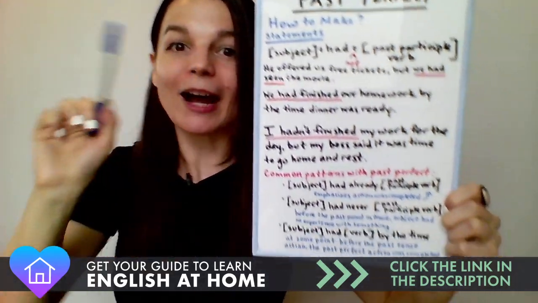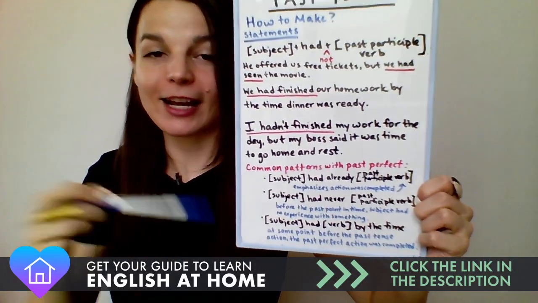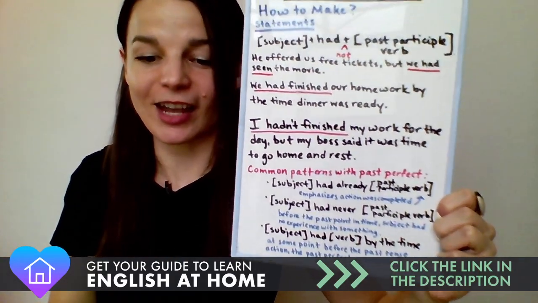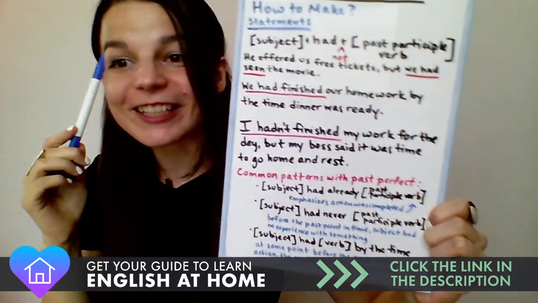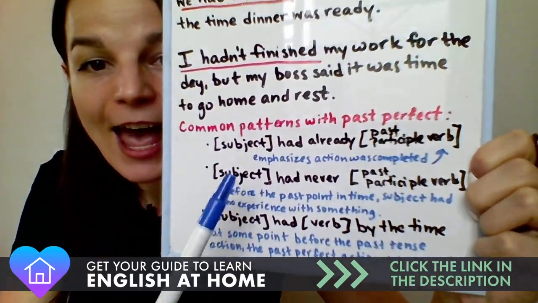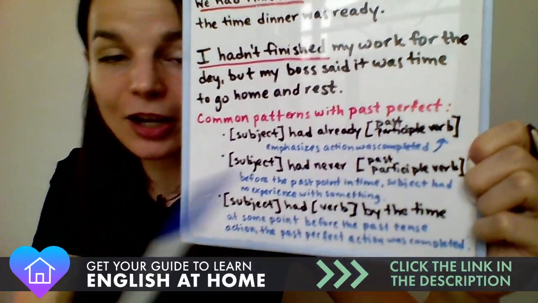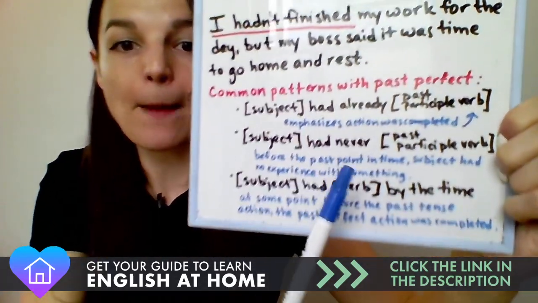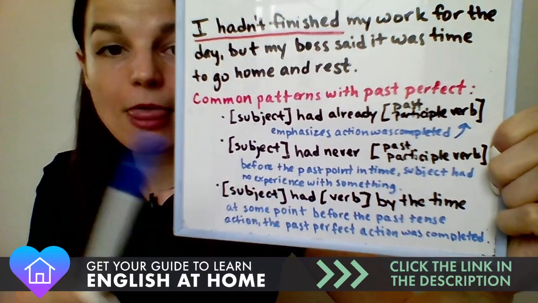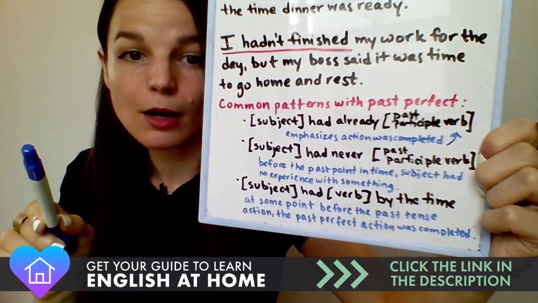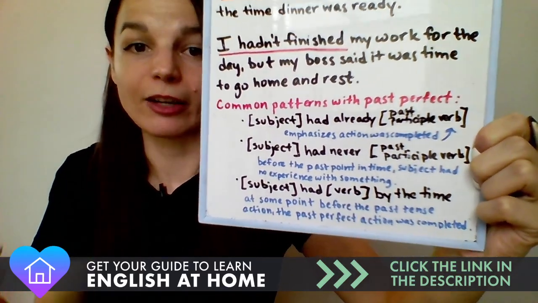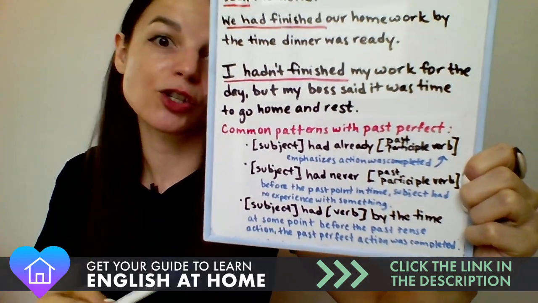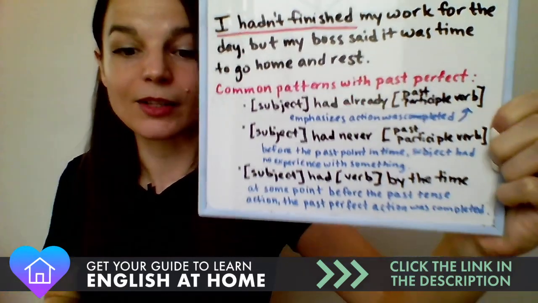So when we come back from vacation, and I tell other people about it, I might say, oh, I couldn't believe my friend had never tried French food. So that means before the past point in time, my friend had no experience trying French food. That's a situation where you might hear this grammar used.